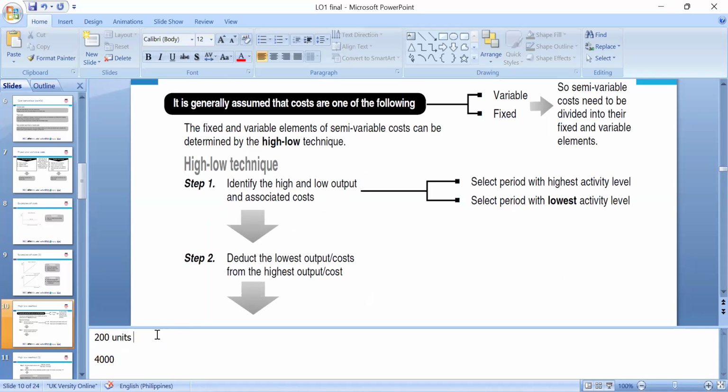And if you produce 300 units, so we have 5,000.